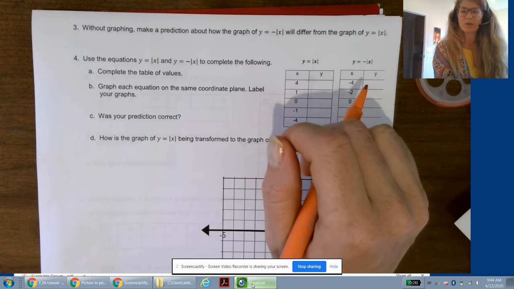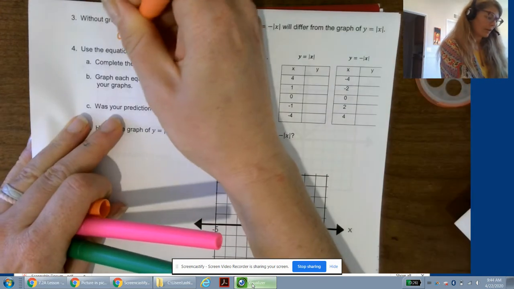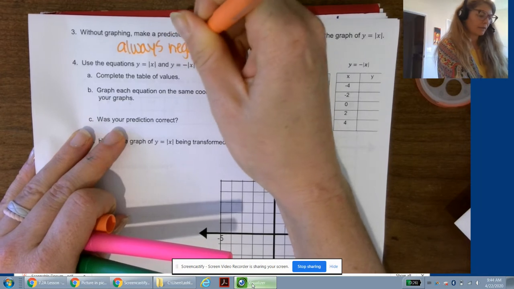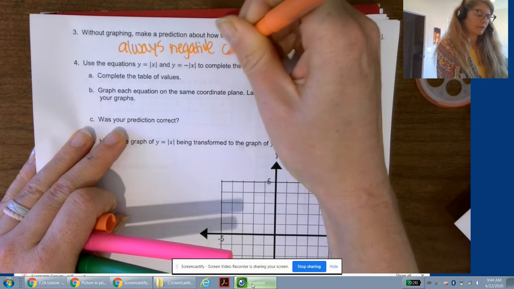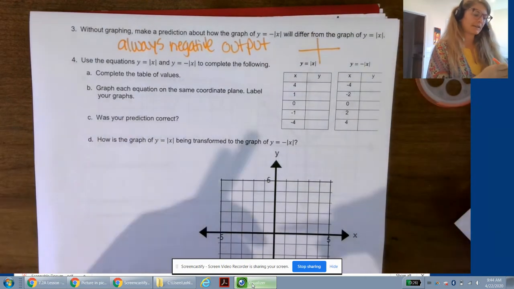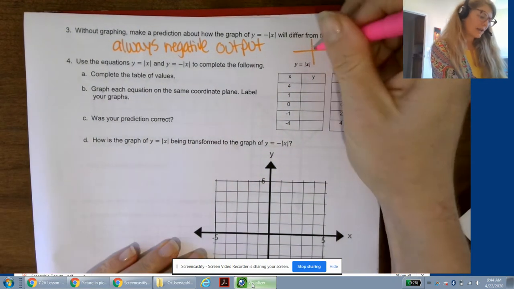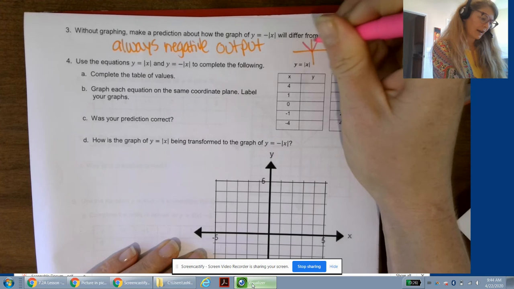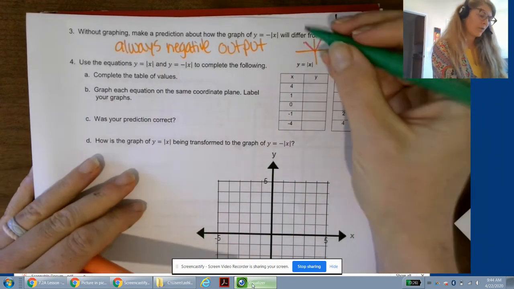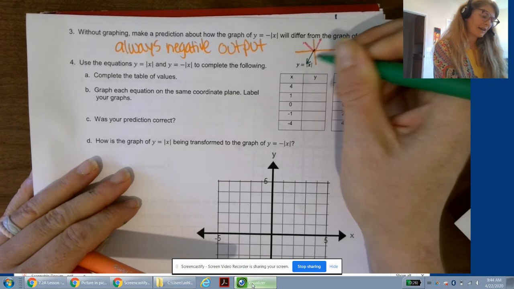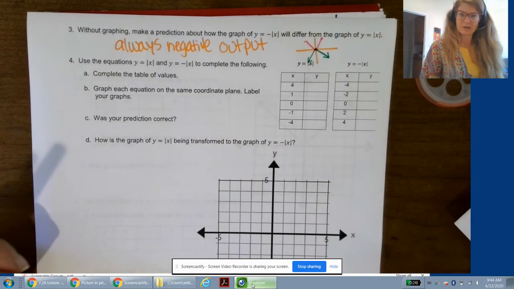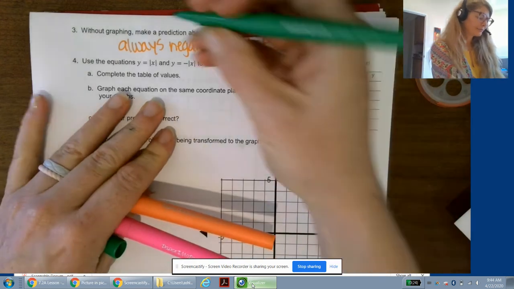So my output is always going to be negative. Always negative output. So if I make a quick sketch, before we had always a positive output from my origin 0, 0. Well, now we're always going to have a negative output. So maybe it's going to look something like my green function.